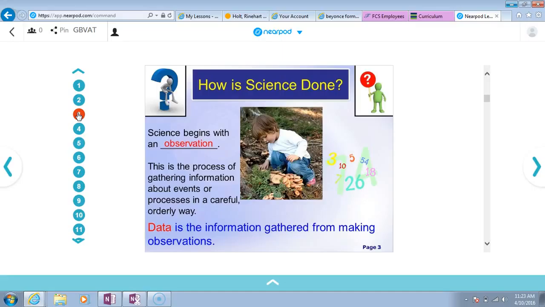But these are things that we observe outside of our environment, or inside of our environment. It could be within or it could be without. But mainly we observe nature itself. So when you did that activity in the beginning of the year using your 5 senses, you were able to observe nature itself, even the soil, the dirt.